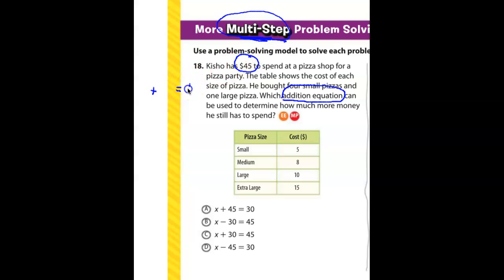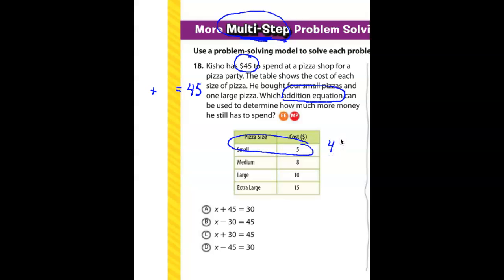So whatever my addition equation is going to be equal to $45. And I know that he bought 4 small pizzas and 1 large pizza. So small pizzas, I'm going to circle that, are $5. 4 small pizzas.